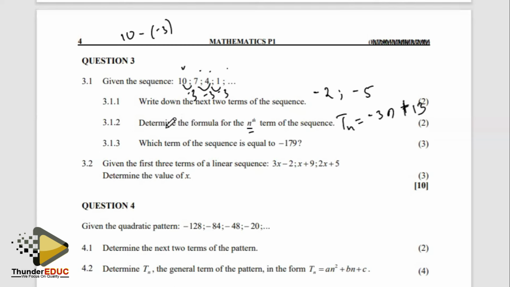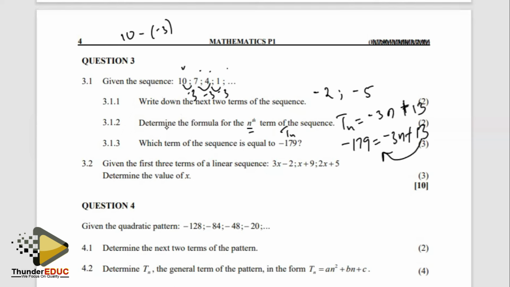Then which term in the sequence is equal to negative 179? Where there is Tn, because this is our Tn, let's replace it with negative 179. So negative 179 is equal to negative 3n plus 13.